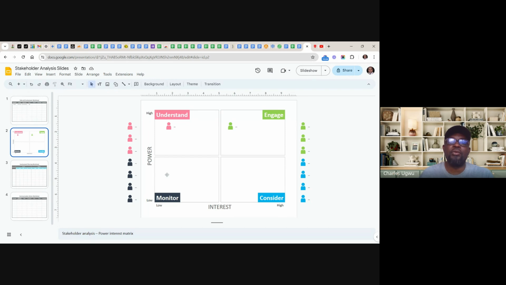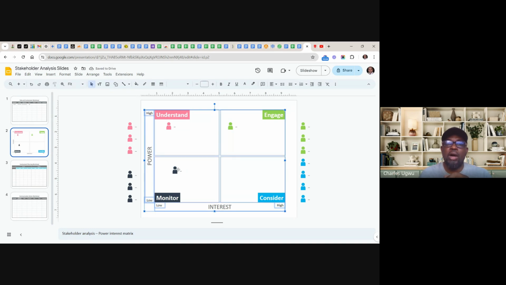That's why you see where I say monitor here, and for these people I say engage. You need to engage them, give them what they want. Nothing should come to them as a surprise. Understand the regulations and give them what they are looking for. So these low-powered people are the ones we are monitoring.